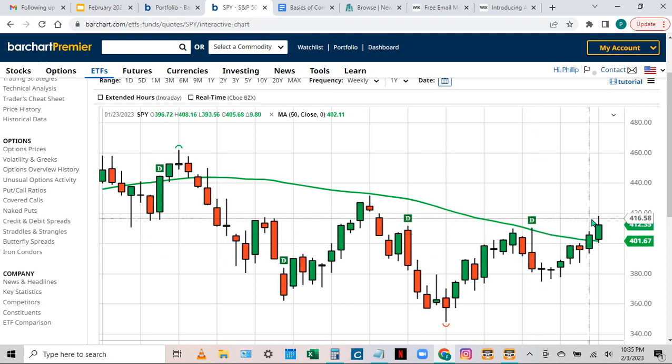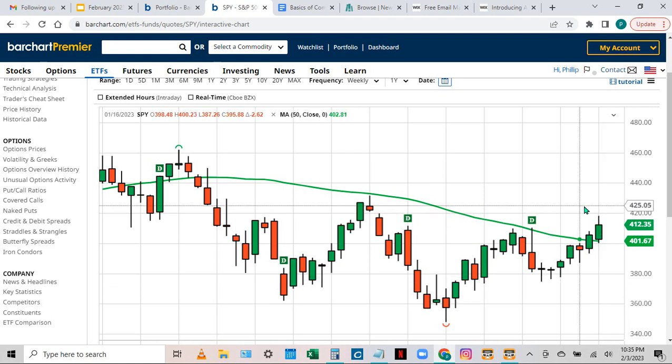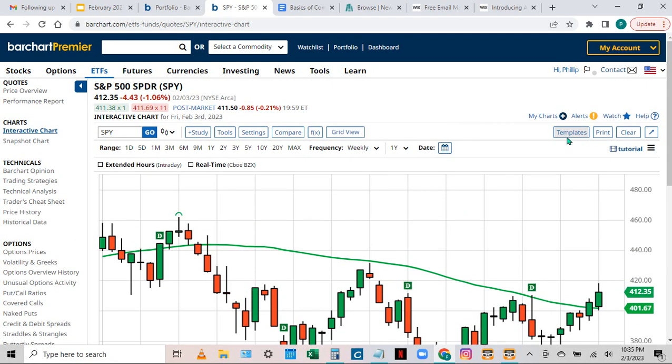It's come up above the moving average. This is a 50-period moving average, which I like to use. But we can also see the downtrend is still intact too, where we got this pivot, a lower pivot, and another lower pivot. So the question is, is this going to become at some point another lower pivot? And that remains to be seen. But that's a very strong candle to end the week for the S&P 500.